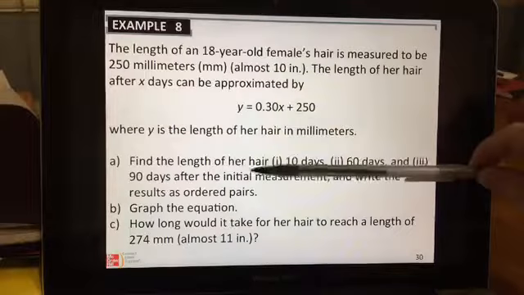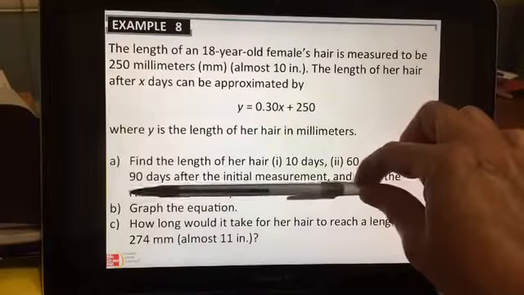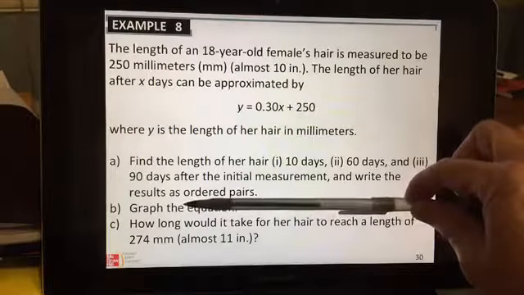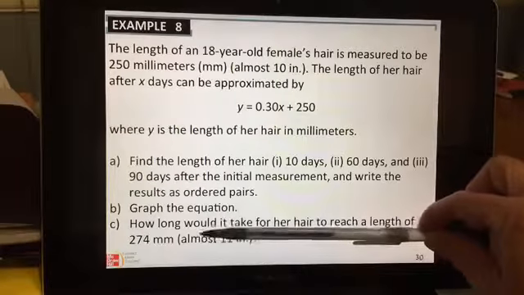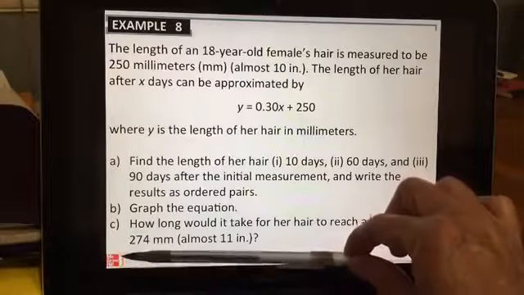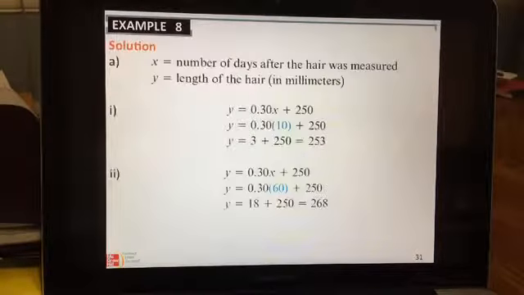Find the length of her hair 10 days, 60 days, and 90 days after the initial measurement, and write the results as ordered pairs. Graph the equation. How long would it take for her hair to reach a length of 274 millimeters, which is almost 11 inches? Remember, she started at almost 10 inches, but we're doing this problem in millimeters.